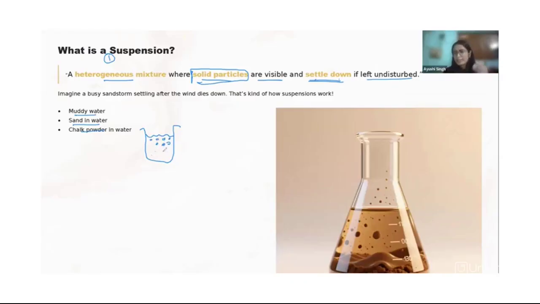The water molecules are like this, and these particles are so big that they don't get enough space to dissolve and disappear in between water. They are bigger than the intermolecular spaces of water. So they end up settling down at the bottom of the jar, the beaker, or the container which you have taken. So this is a suspension.